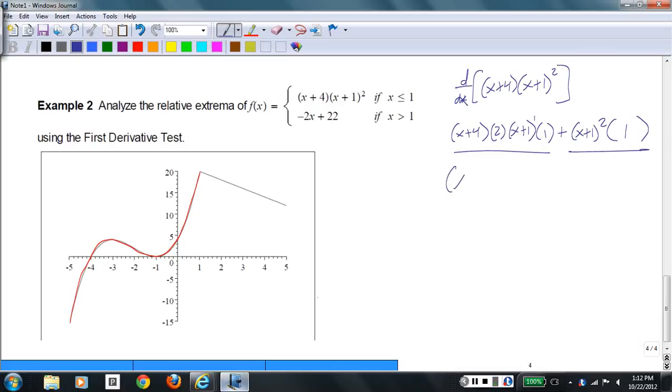So x plus 1, and then something like this. We look at the first component and ask ourselves, what could we multiply x plus 1 by to get that? Two times that quantity x plus 4, that's what's missing. Then put a plus, and then ask ourselves, what could we multiply x plus 1 by to get this other component? x plus 1.